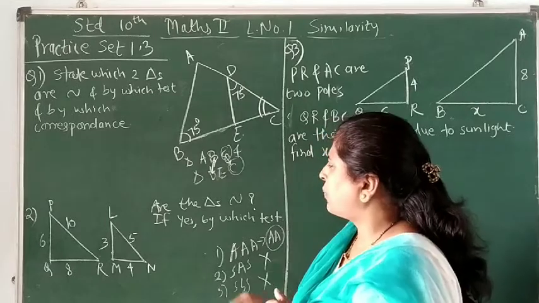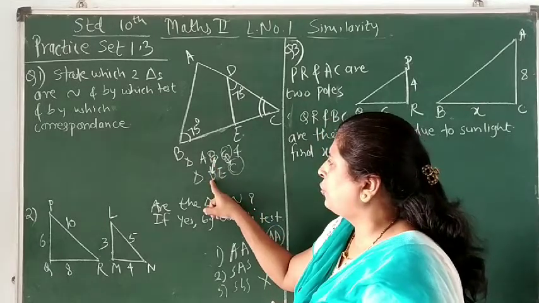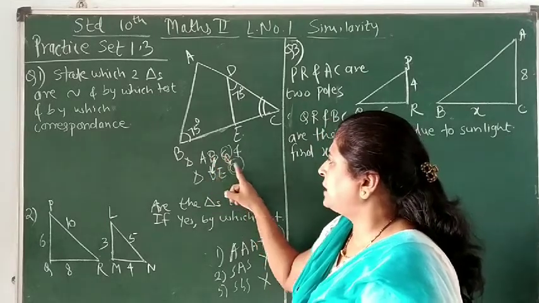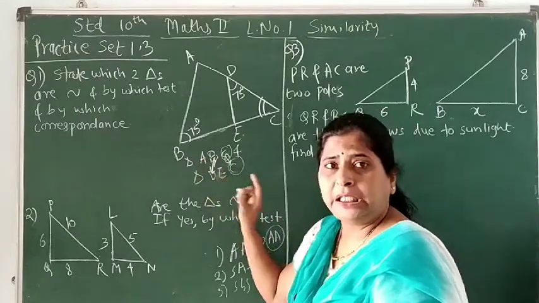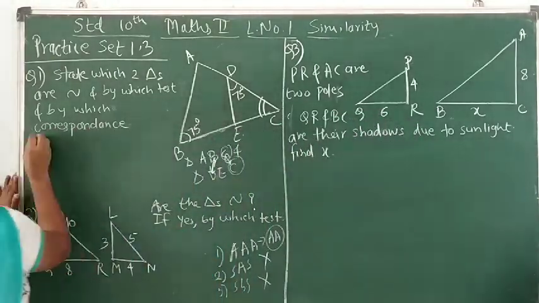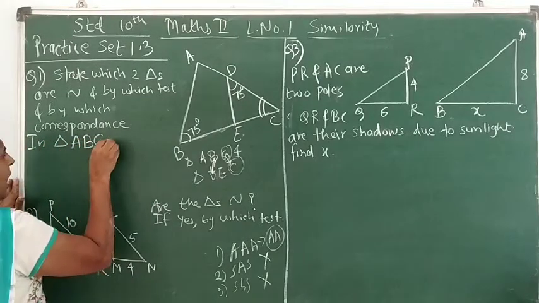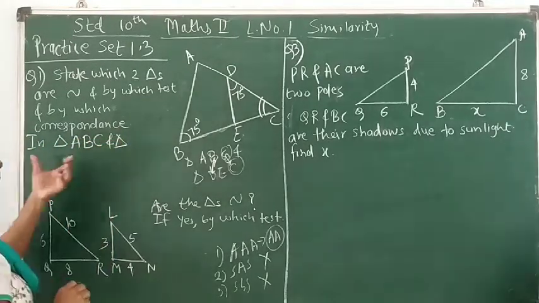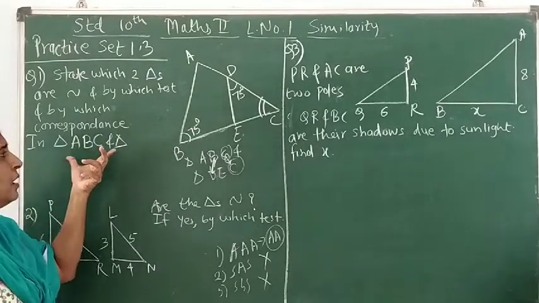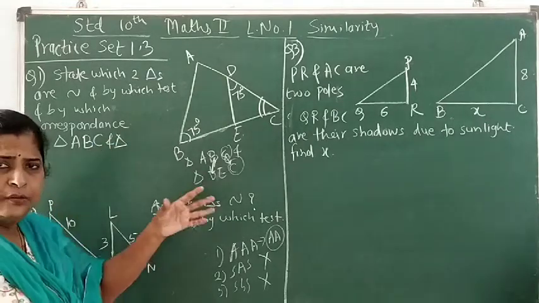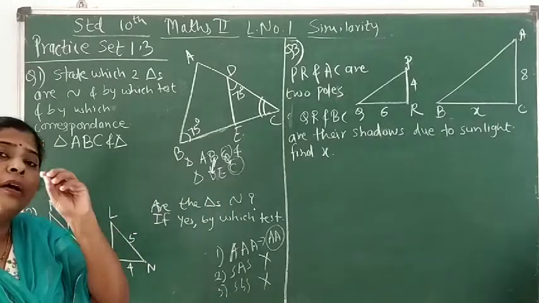And what will be the correspondence? Now if B corresponds to D, C corresponds with C, then A should correspond with E. So suppose here we write triangle ABC and triangle. Whenever we write these names, instead of writing randomly, I would suggest you write with the correspondence.